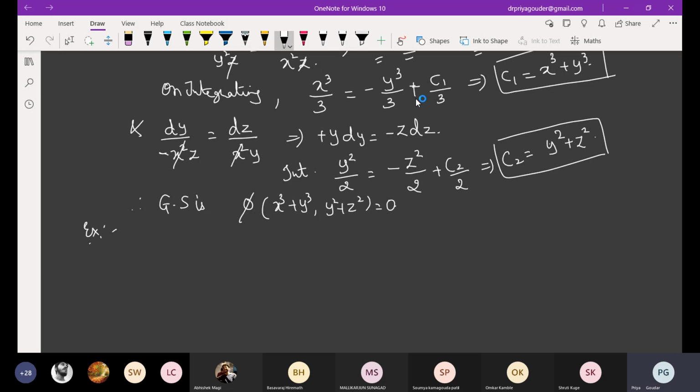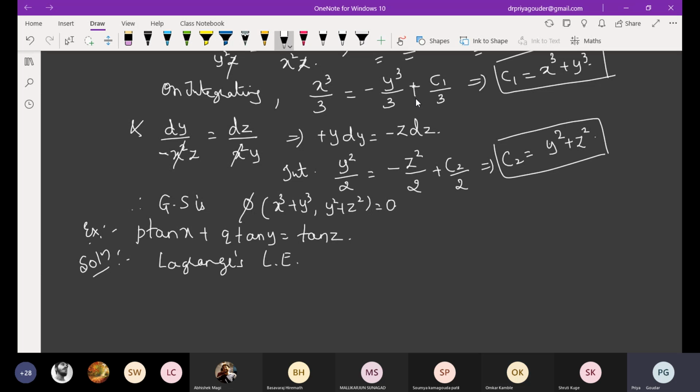Take next, P into tan X plus Q into tan Y is equal to tan Z. Is it in standard format? Yes or no? Yes.